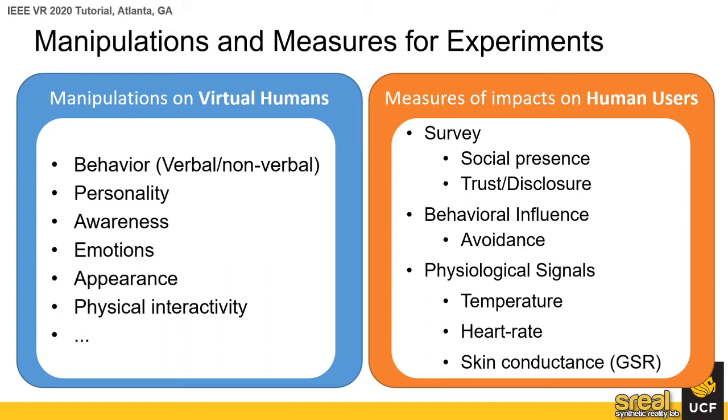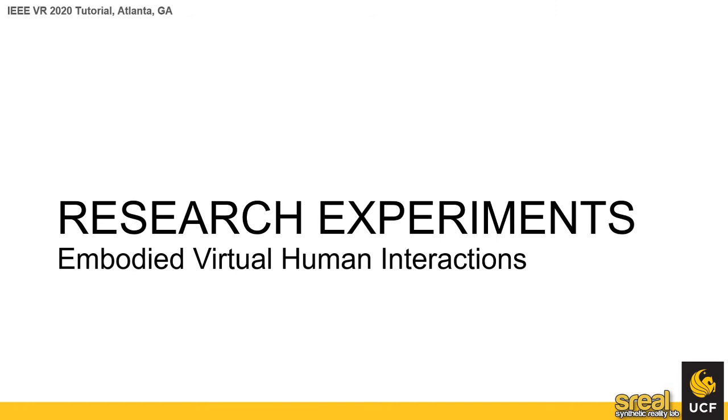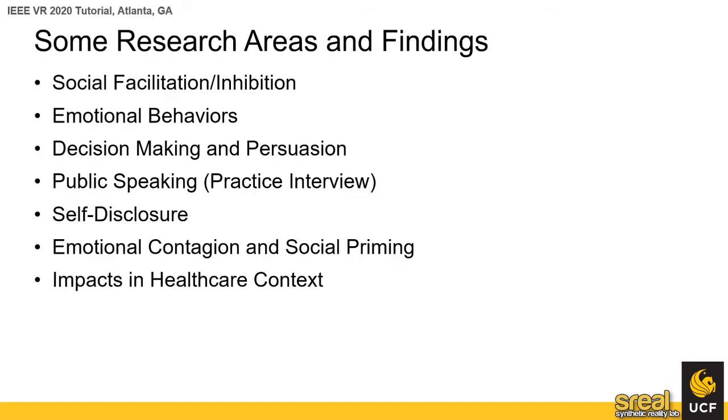For example, measuring their qualitative perception using surveys, or objective behaviors and physiological signals. Here we'd like to present some of the experiments incorporating embodied virtual humans. Here are a few of the research areas that we'll present today.